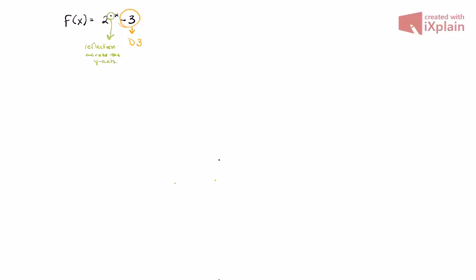Now I know it seems a little bit counterintuitive, but let me take a minute to explain this. The reason it's reflecting across the y-axis is because essentially we're taking our x value and switching the sign. Notice that the negative is impacting our input value, or our x value, right away. We're not doing any sort of calculation to the x.